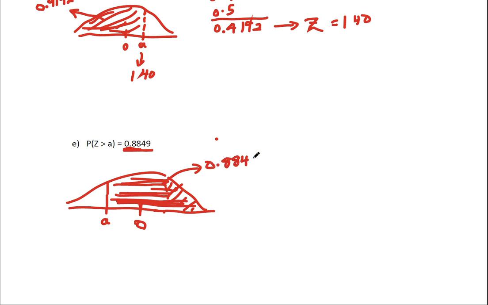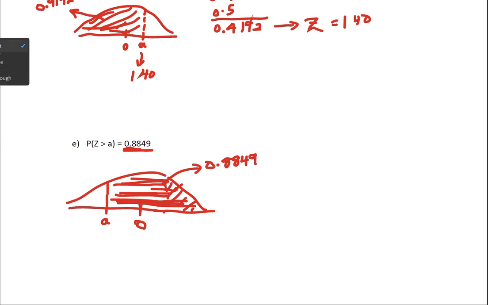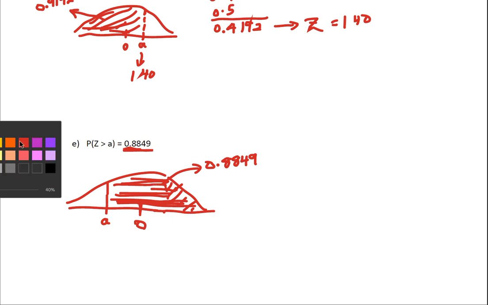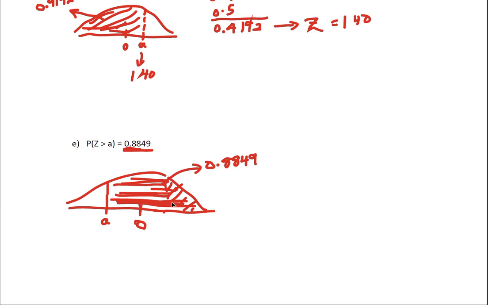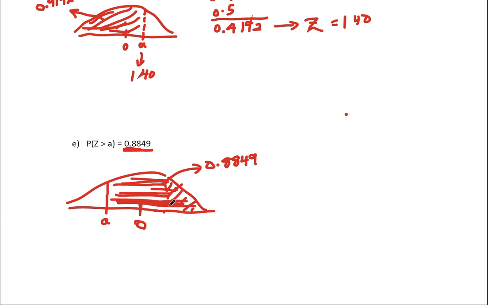Now, again, I want to underscore the reason why we were able to recognize that A could not be on the right side in this case, even though the value of A here is indicated as a positive.